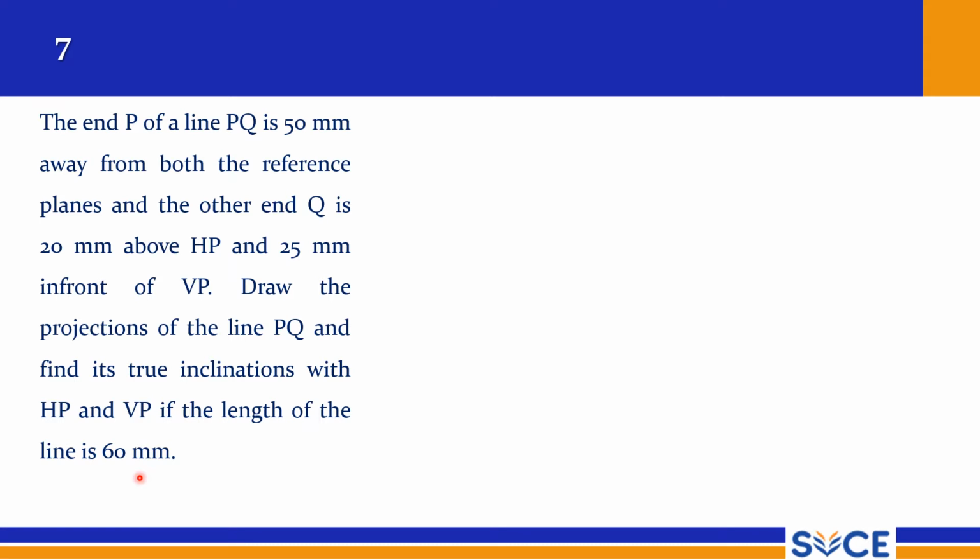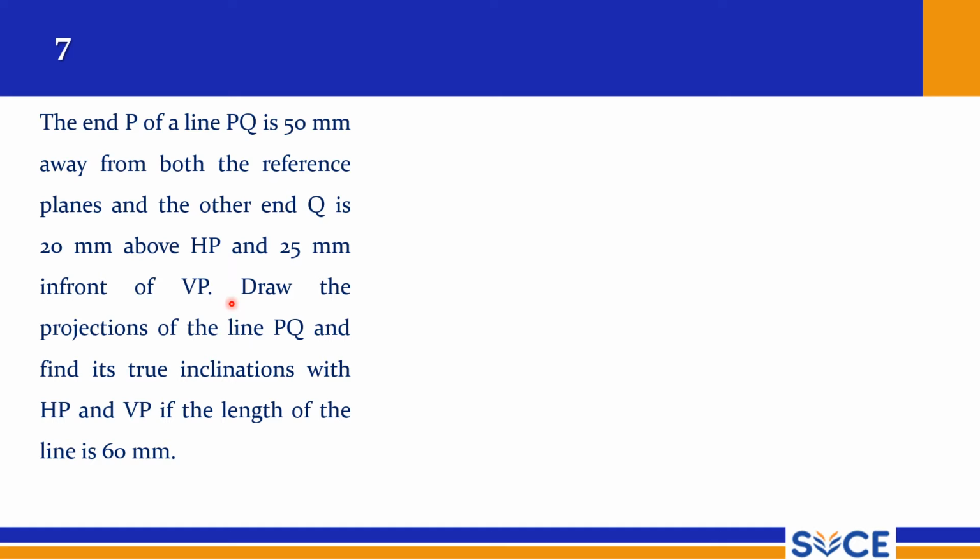the line is 60. So true length is given, no angle of inclinations are given, but instead the NP distance is given, that is 50 away from both the reference planes, that is in front of VP and above HP, both it is 50, and other end Q is 20 above HP and 25 in front of VP.